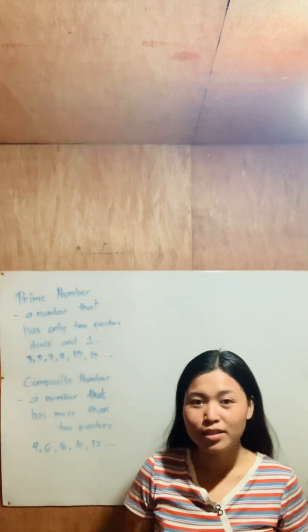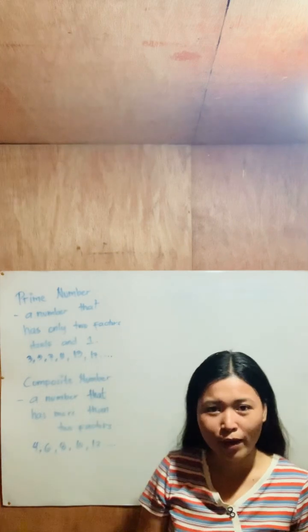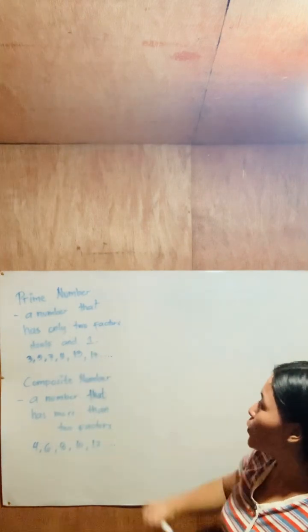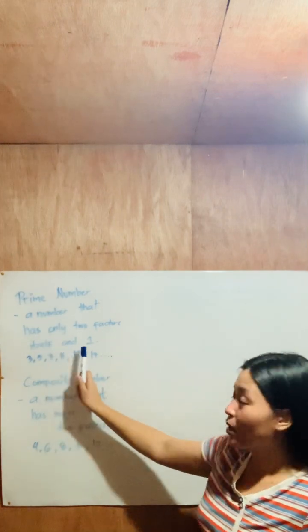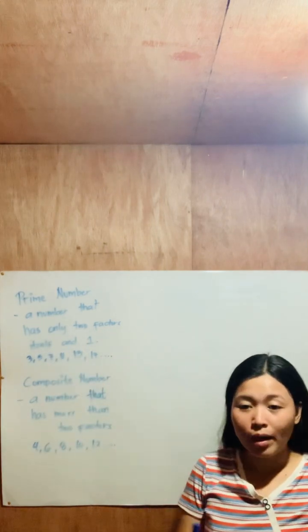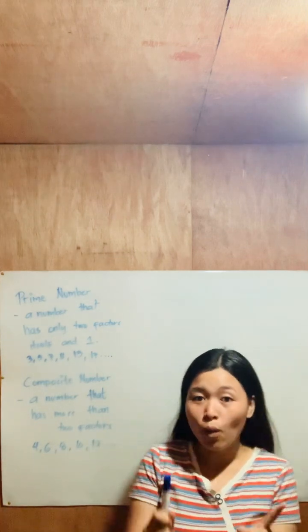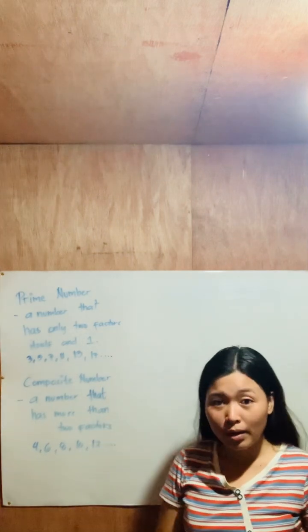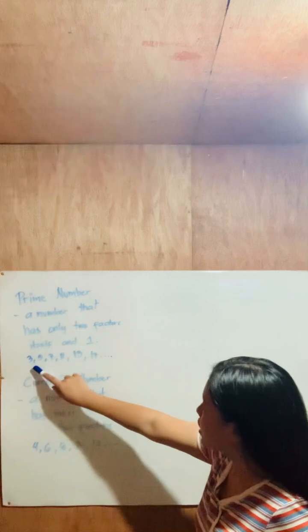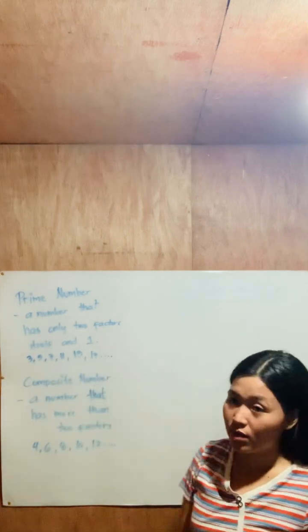So let's proceed. What is a prime number? A prime number is a number that has only two factors, itself and 1. So for prime numbers, all factors are only 1 and itself. Examples of prime numbers are 3, 5, 7, 11, 13, and 17.